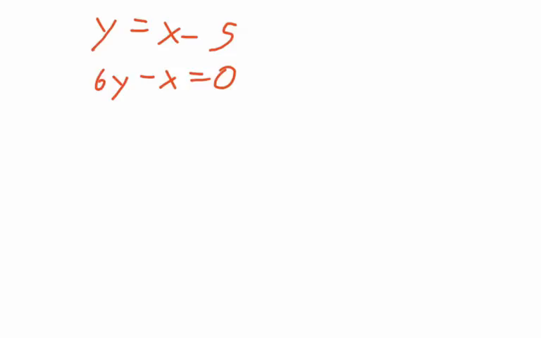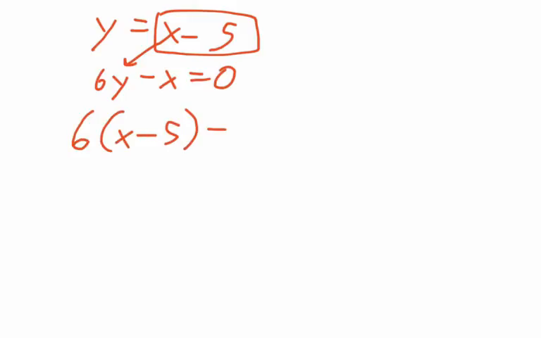Our next problem, I would once again use substitution. I would take my 6, and instead of y, I write down x minus 5, minus x equals 0. Distribute the 6.